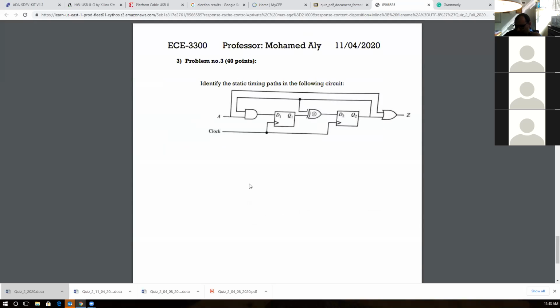We don't need to output how many nanoseconds from A to Z. Why would we need timing here? I just need you to identify the static timing path in the following circuits. Do you think we need any timing? No, just the paths. I just want to clarify. No, you're fine.